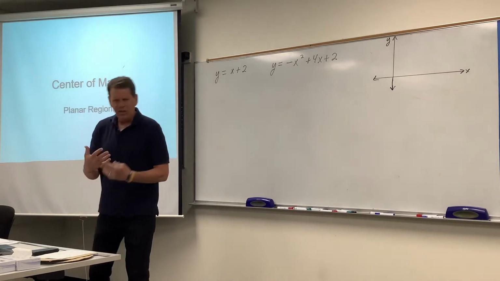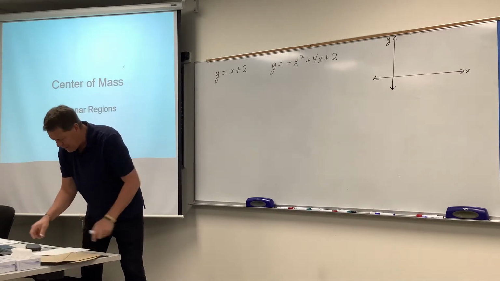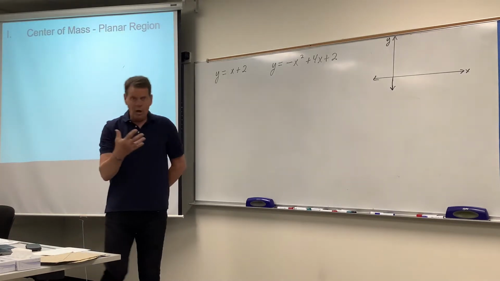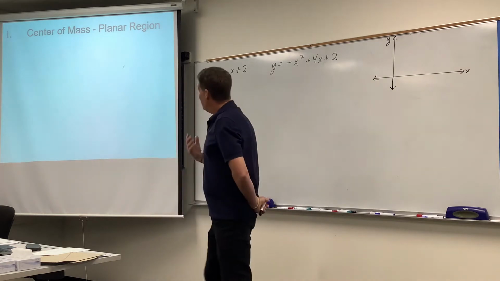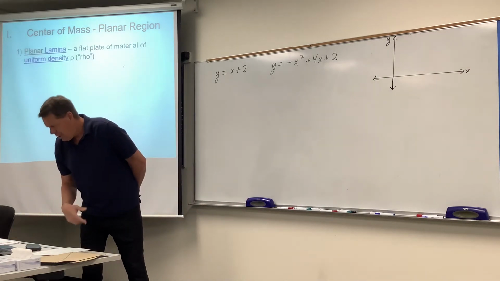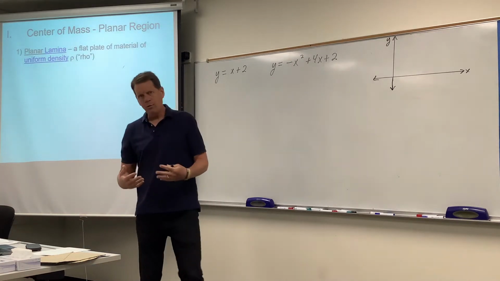So let's just talk in general terms about center of mass and let's try to get an intuitive understanding of it. Roman numeral 1 in the notes that were uploaded to you, center of mass for a planar region. Let's start easy here. First of all, a lamina is a flat plate of material of uniform density.